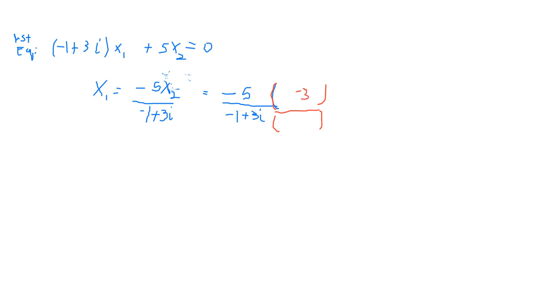Almost right. The conjugate of -1 plus 3i is -1 minus 3i. So then, when we do that, and I mustn't forget, I do have an x2 here, right?